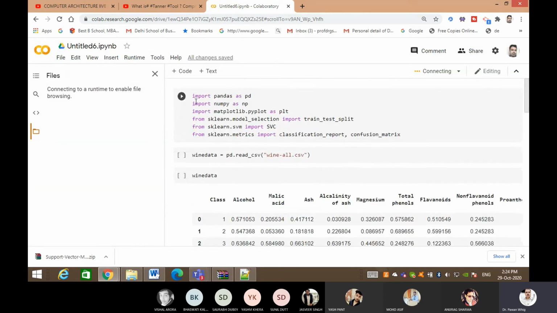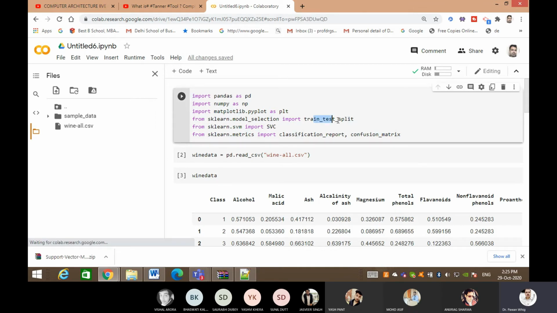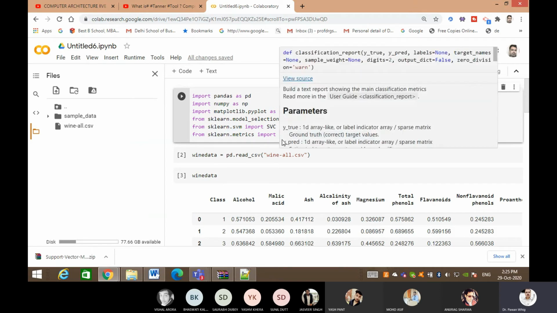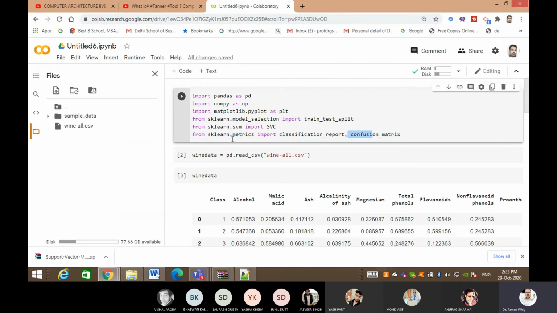These are the important libraries: Pandas, NumPy, Matplotlib, and sklearn for the train test split. We import SVM through sklearn only. The result of the support vector machine is also represented in the form of a confusion matrix or report, so we import sklearn metrics, through which we can generate the report and the matrix.